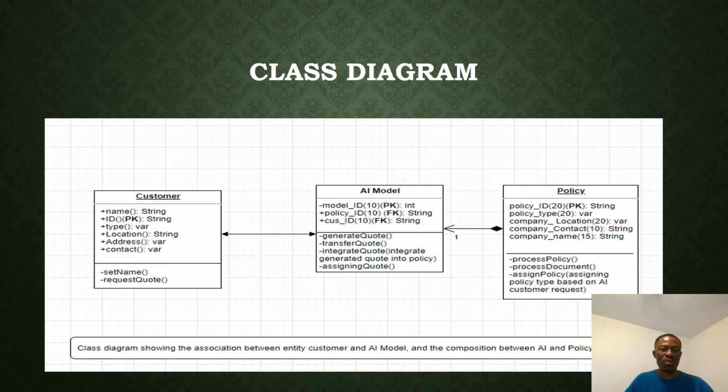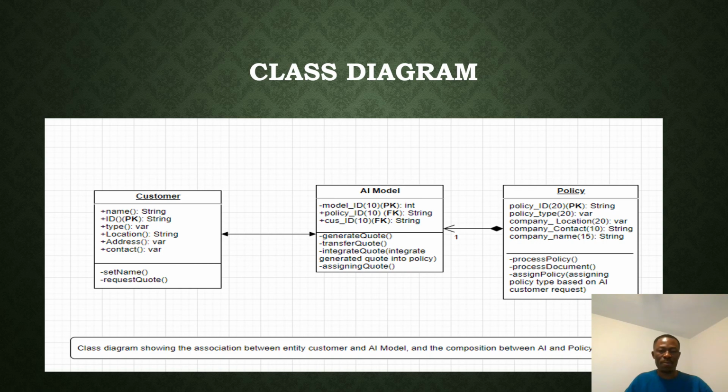And so if you look at the customer, we have the entity will set a name as a function, and it will also request for code, and then the AI will generate code, transfer code, and integrate code. And then the policy, that is where they process the policy. So each of them has its own functionality.